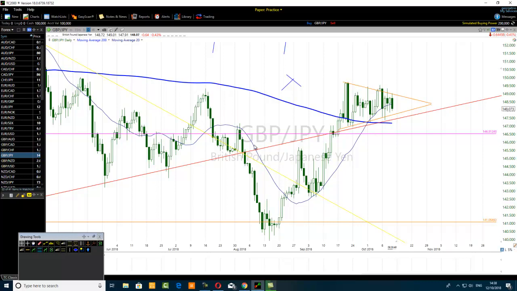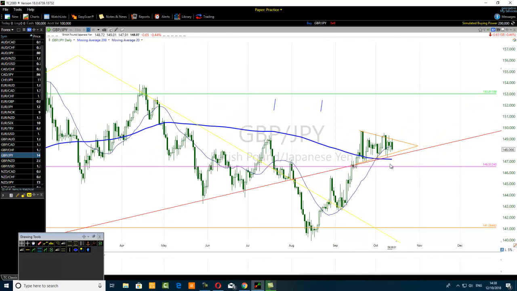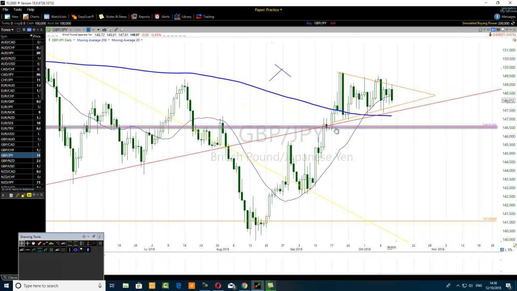If I'm a swing trader and I want to buy, what will be the best way to buy? At the low of this triangle on the daily chart. If you are a day trader looking for a bullish trading setup, you look for it on the daily chart at the time when the price is retesting the low here. That's the best support level.